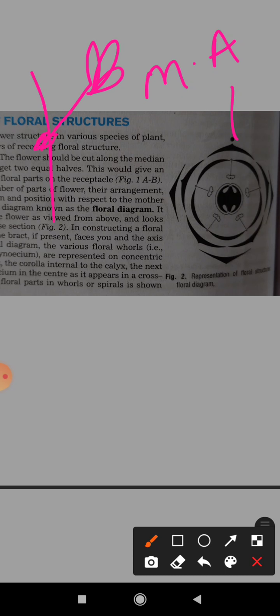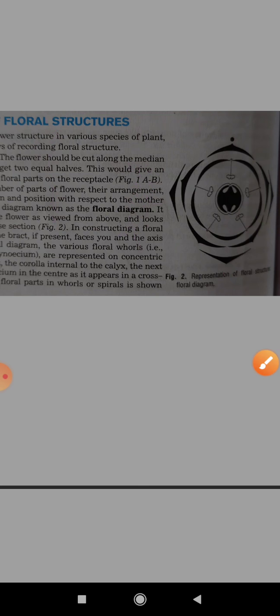So here this would be the mother axis, and whenever we view the flower, it is viewed in this way, where the mother axis is said to be the posterior end and this part would be the anterior end, right? So here this is the mother axis, or the part on the stem to which the flower is attached.